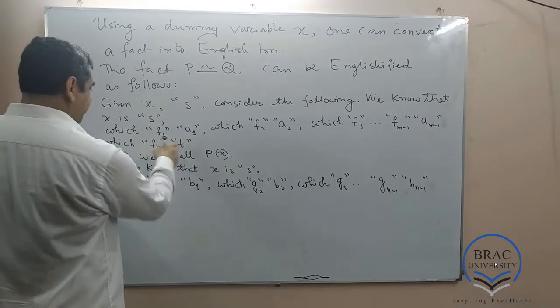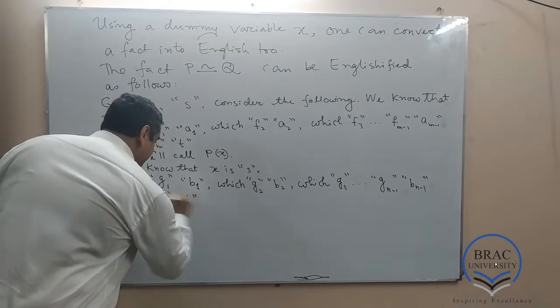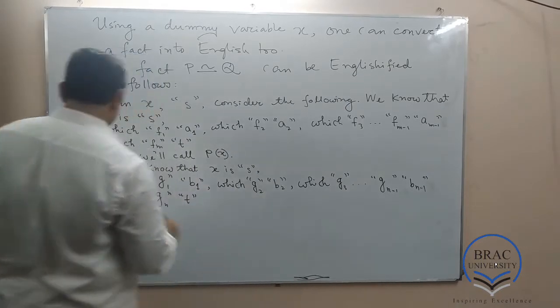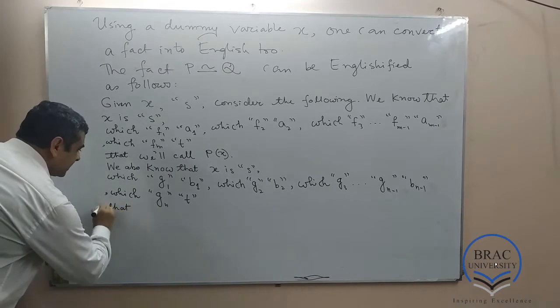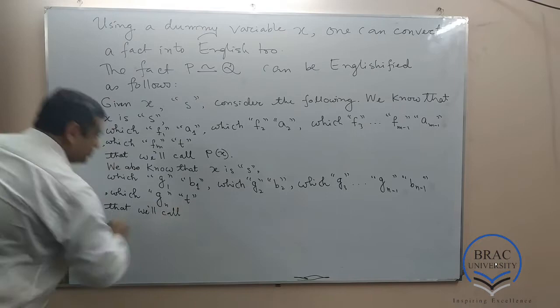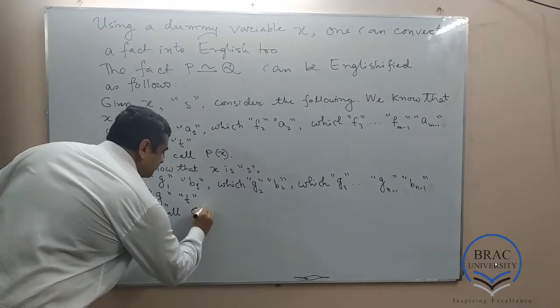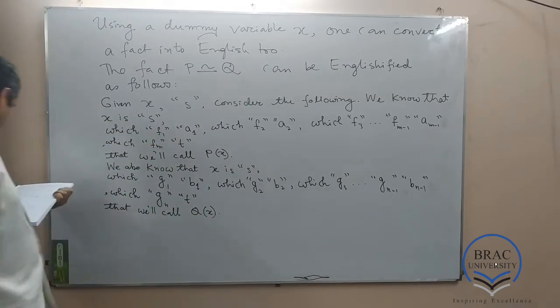We had FMT, now we have GNT, that we'll call QX. Alright? Then we put a full stop.